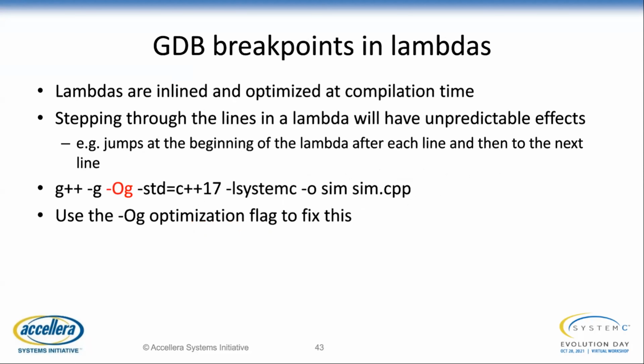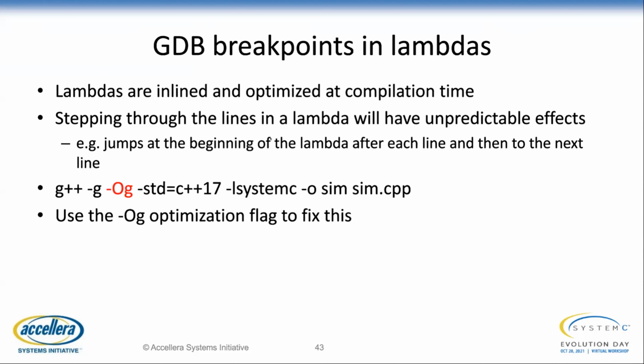Another thing to watch out for is putting breakpoints in lambdas. Pretty much all the constructs that I've shown you until now use lambda expressions. Even the forks, you have to use lambda expressions. And what I noticed is that if I put a breakpoint inside the lambda expression when I use the GNU debugger, and I start to step, something strange happens.